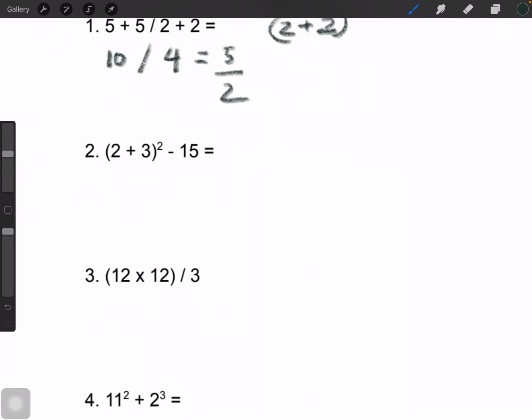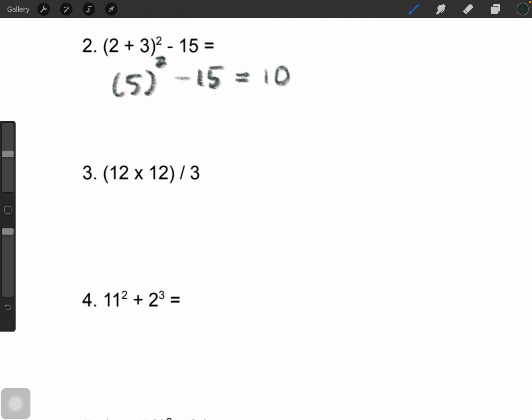And the second one, you want to do the parentheses first, so 5 squared minus 15. We have 5 squared is equal to 25, minus 15 gives us 10. This one, 12 times 12 divided by 3, so 144 over 3, which will equal 48.